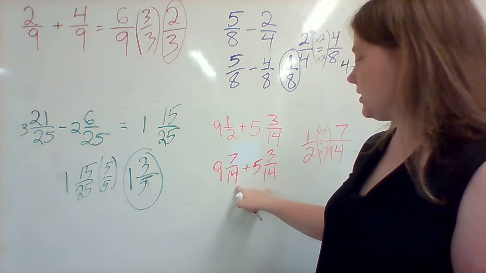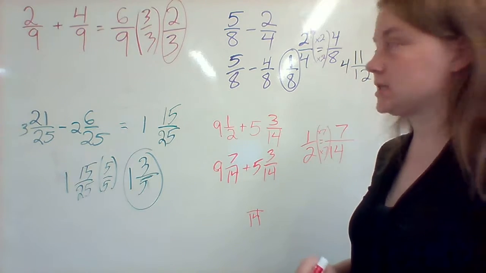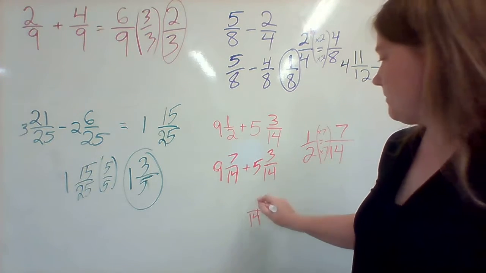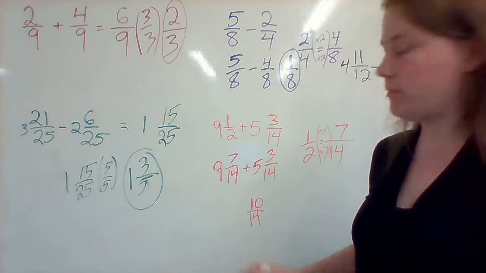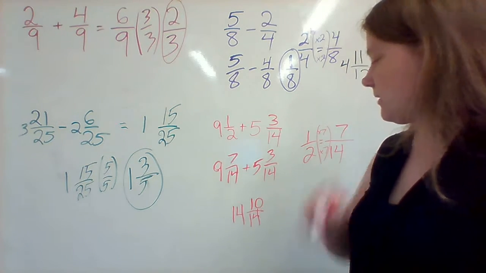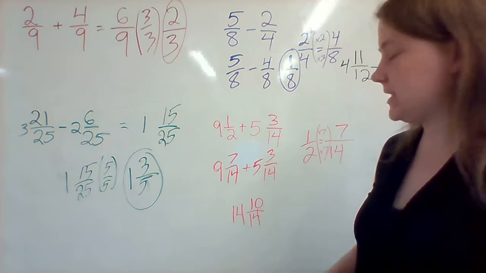The denominator is going to stay the same. The numerator, 7 plus 3, is going to be 10. My whole number, 9 plus 5, is going to be 14. It might look like I'm done, but I do have to remember to check to see if I can simplify.